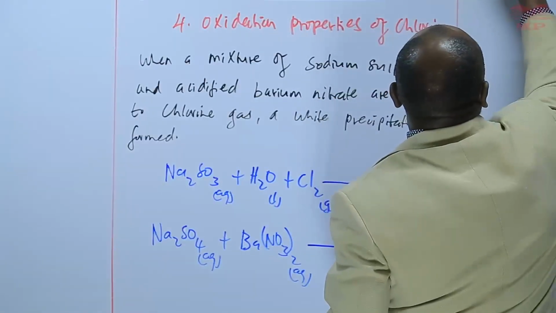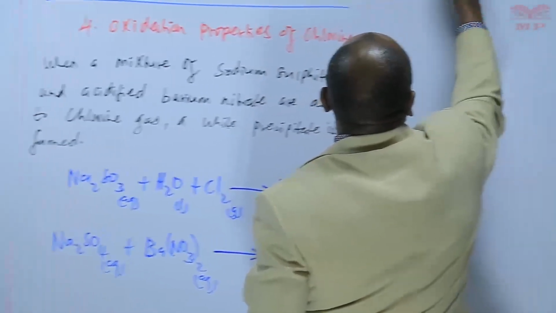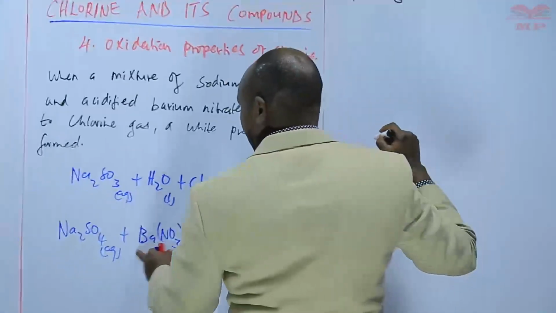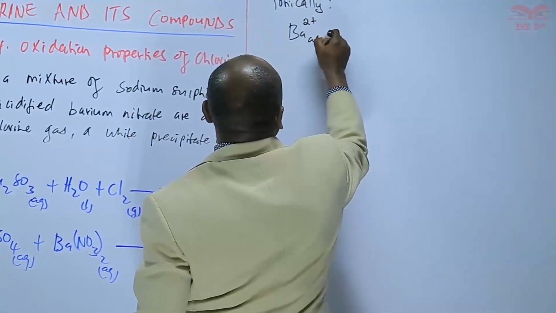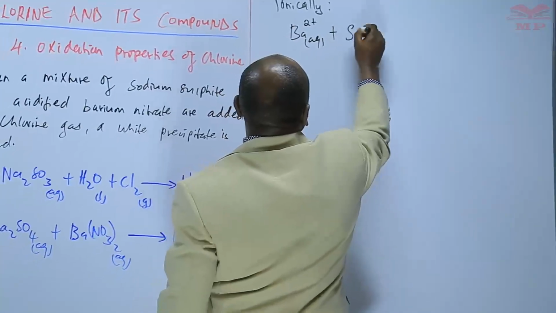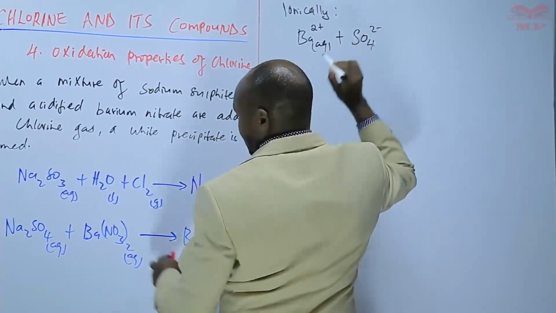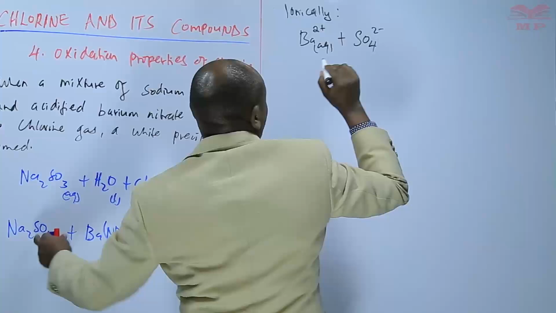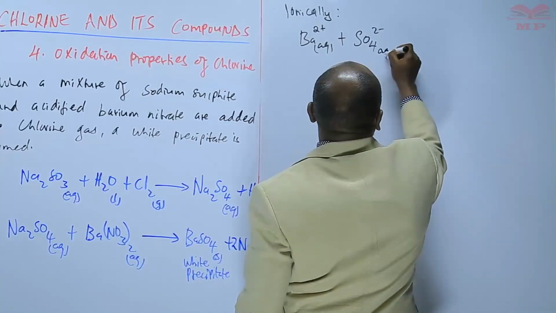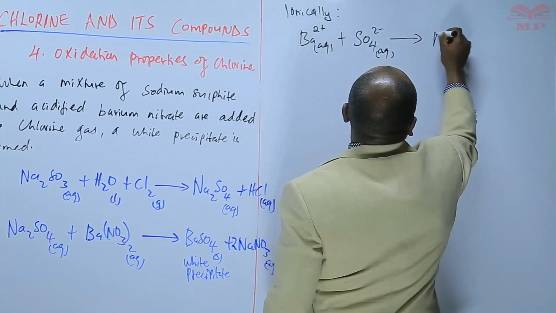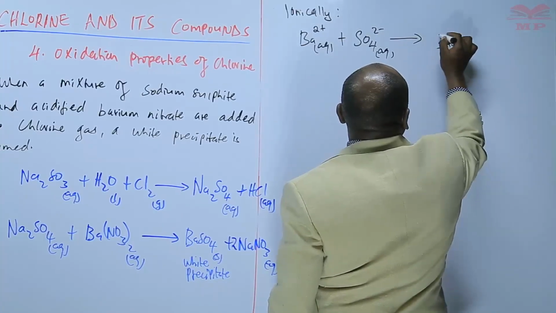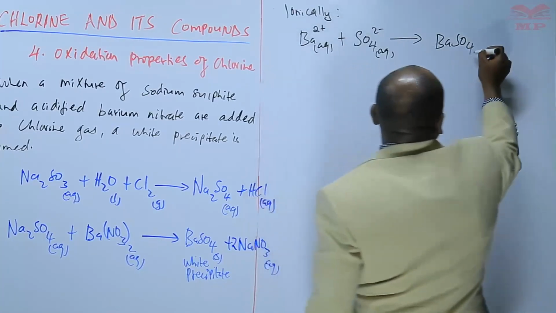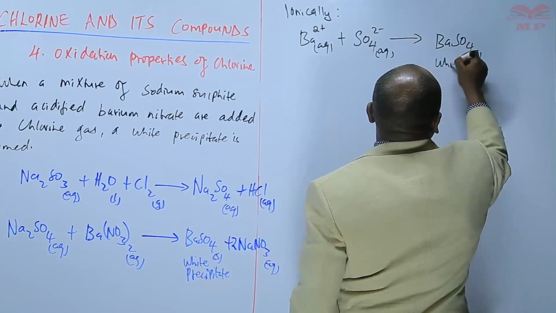So ionically, we are saying that barium ions plus the sulfate ions that have been formed after the oxidation by chlorine, they combine to form barium sulfate, and this barium sulfate is the white precipitate.